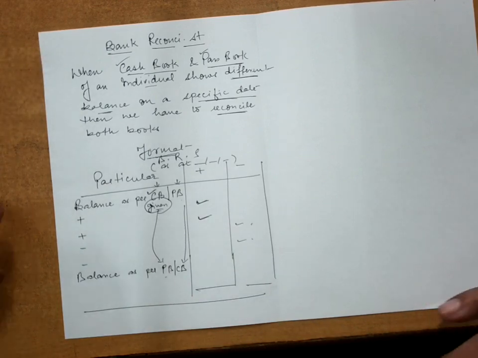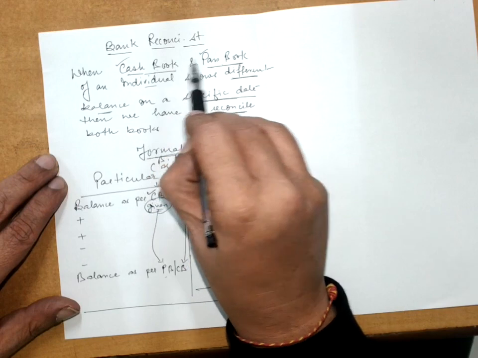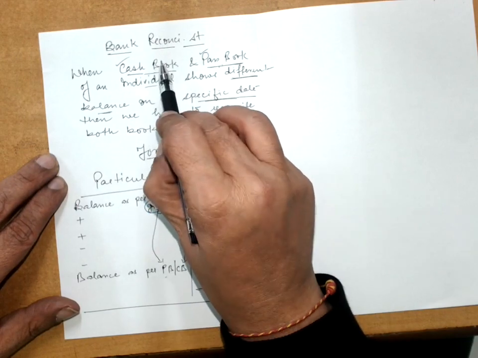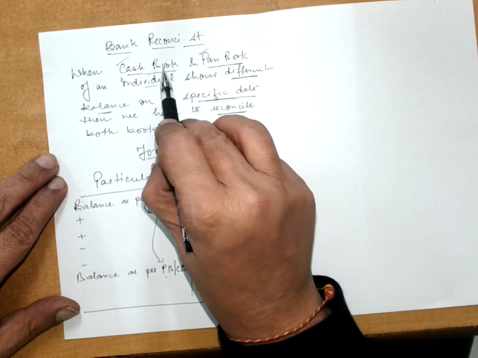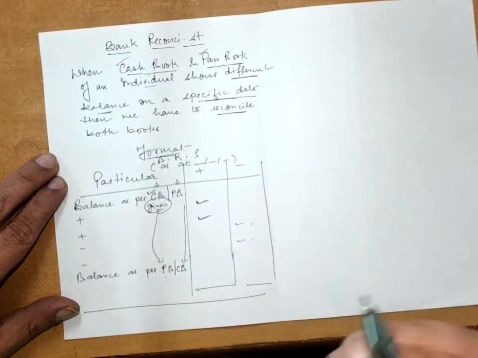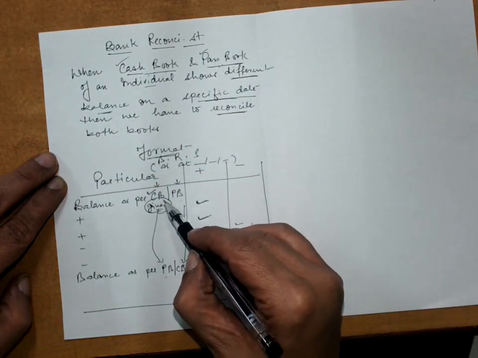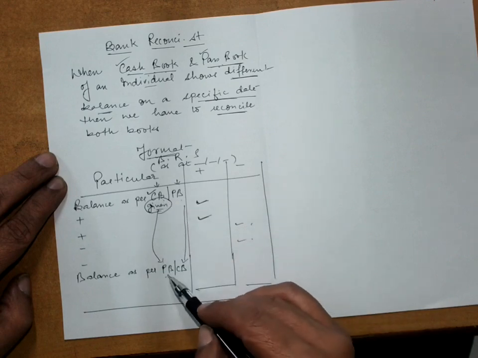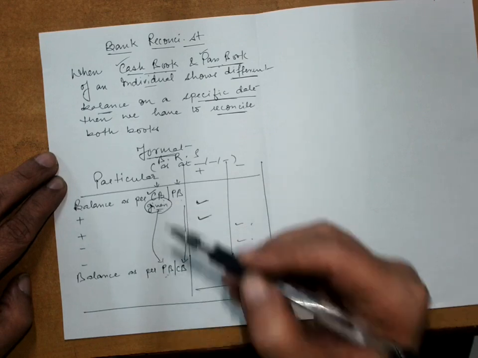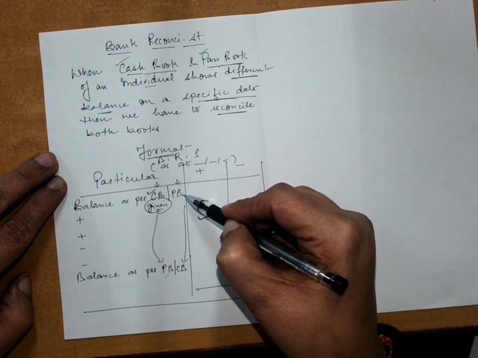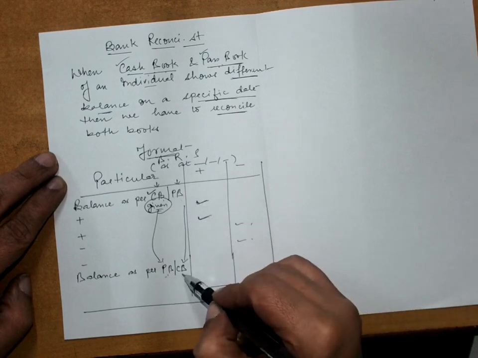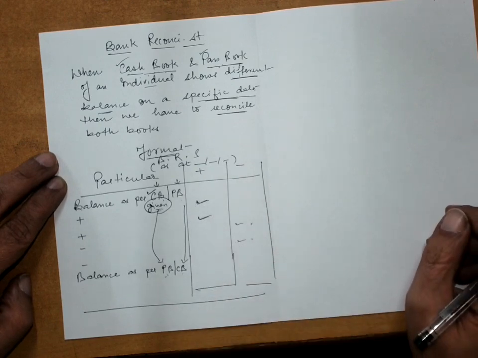Means among both the books, cash book and passbook, one balance will be given to you, and the other you have to find out as your answer. If balance of cash book is given, you will be calculating balance of passbook. If balance of passbook is given in the question, you will be getting the answer of balance as per cash book.